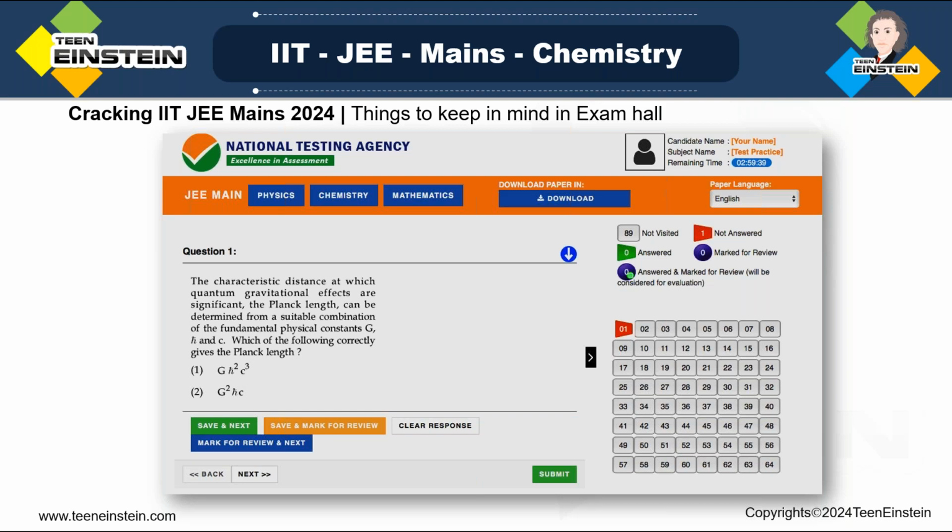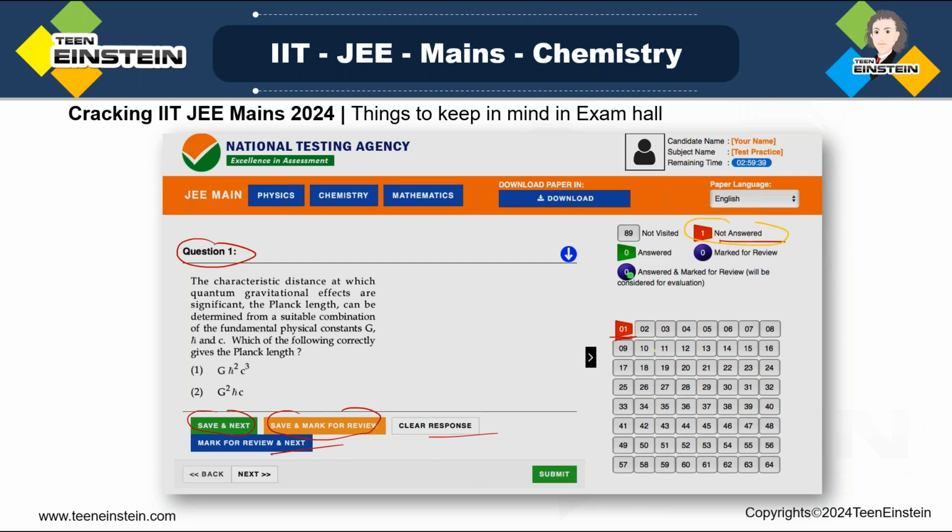Now the screen will look like this. National Testing Agency, you can look at this. Here we have save and next, save and mark for review, clear response, mark for review and next. All these boxes that you are seeing: as question one is selected, we are right now at this screen, so that is why it is red.